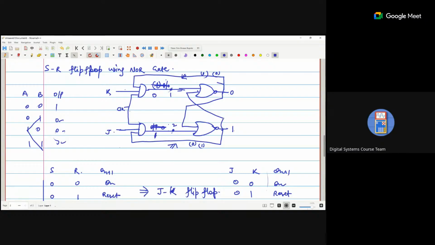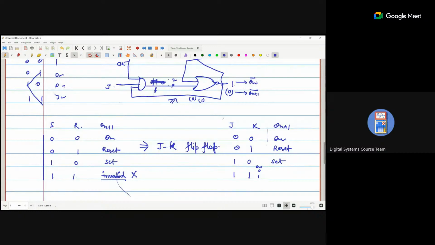When 1 goes here, this becomes 0. 0 goes here, 0 and 0 becomes 1. Okay, so we apply Qn and Qn bar as 0 and 1, and we are getting Qn plus 1 and Qn plus 1 bar. That is just a supposition. So we are getting Qn bar.